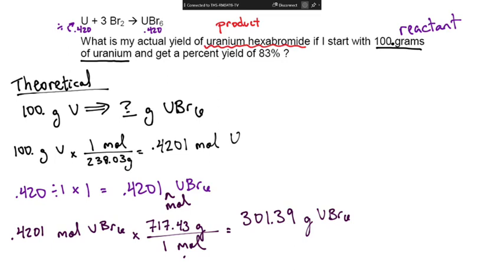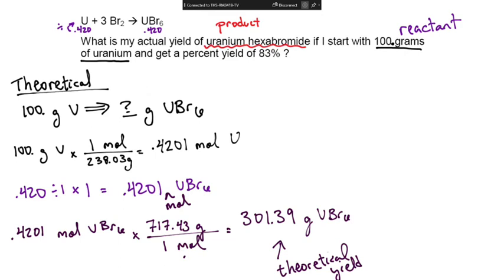This is what we call, again, the theoretical yield. If this reaction were to go to 100% yield, we would expect to get all 301 grams of UBr6. But this percent yield is not 100%, it's only 83%.